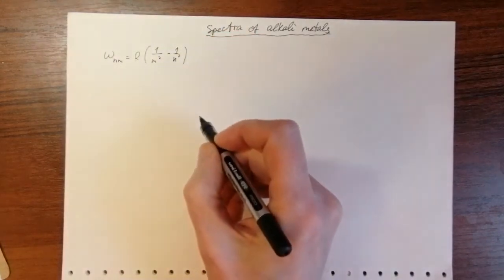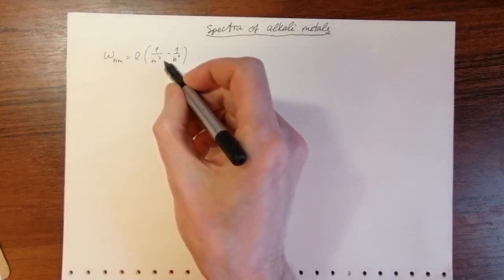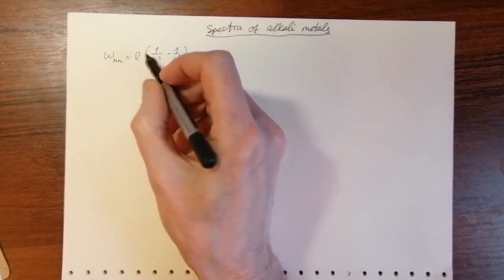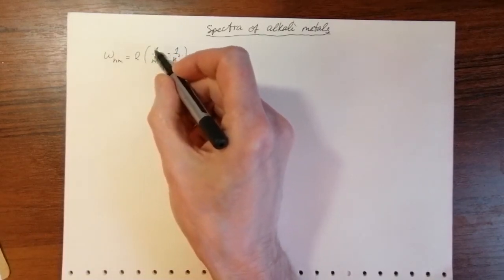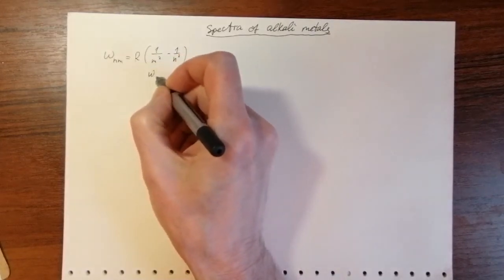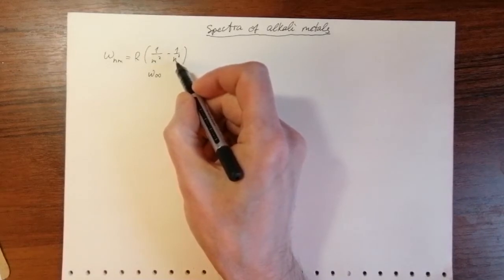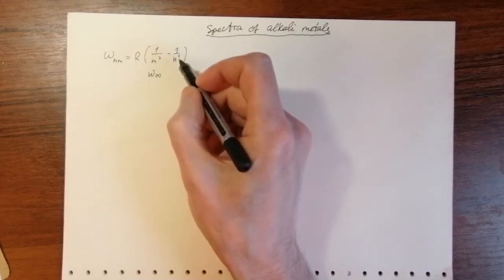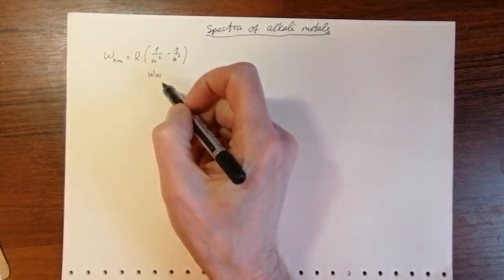If we denote R multiplied by 1 over m squared as omega infinity, then when n goes to infinity this term goes to 0, so the only remaining term is R divided by m squared.